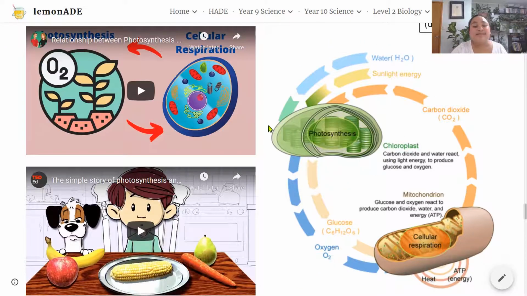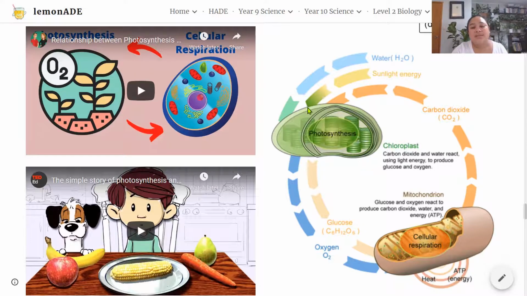Let's analyze this next picture down here. So photosynthesis happens in an organelle called the chloroplast. It's green because it contains green pigment molecules called chlorophyll. And that chlorophyll absorbs a lot of light energy from the sun.